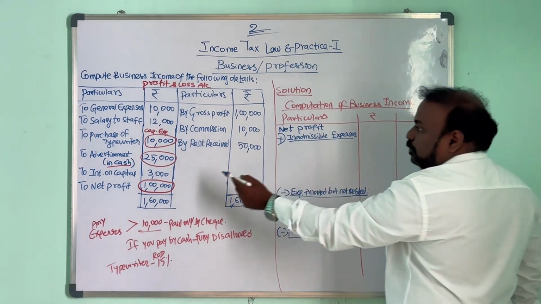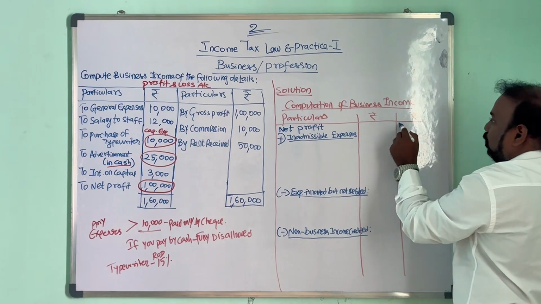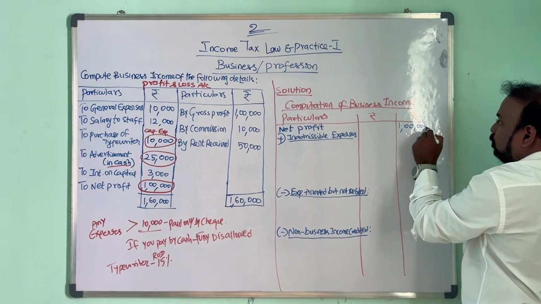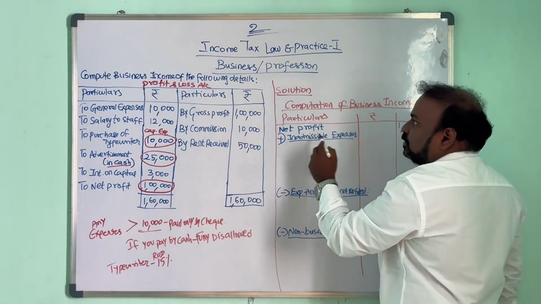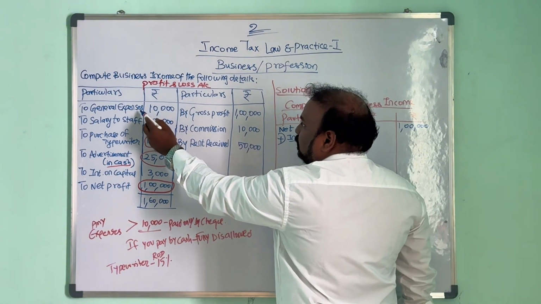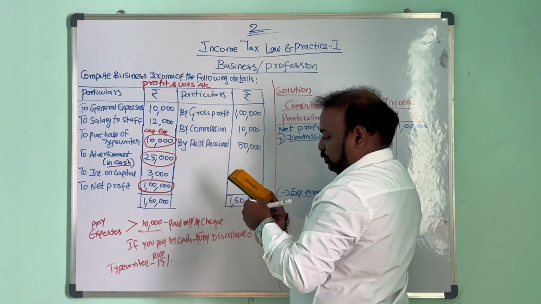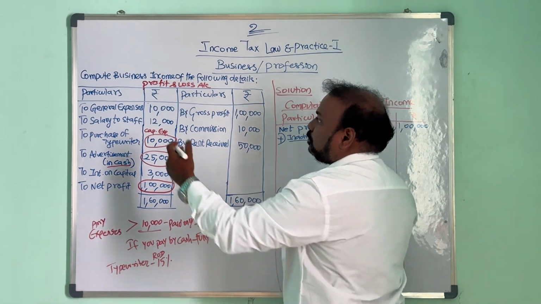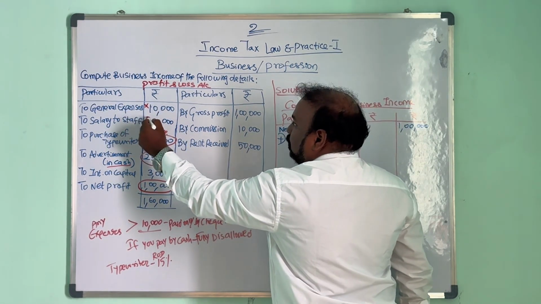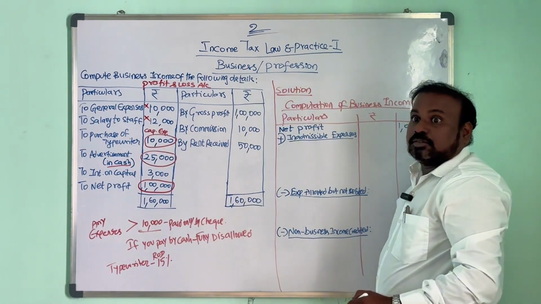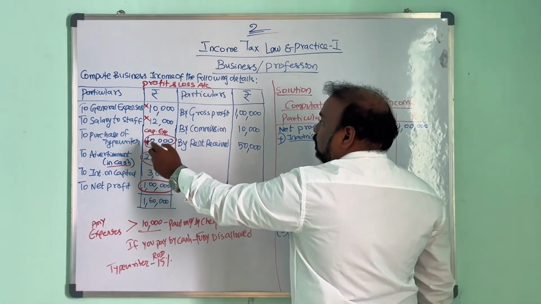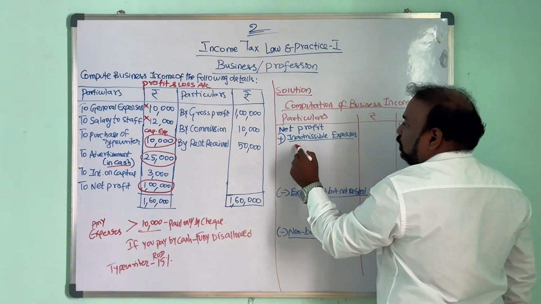Now write net profit given in the question, 1 lakh, in the outer column. Then inadmissible expenses come here. General expenses is a business expense, it should not come because it is allowed. Then salary to staff is business expenditure, it is also allowed. Purchase of typewriter is a capital expenditure, this is disallowed.